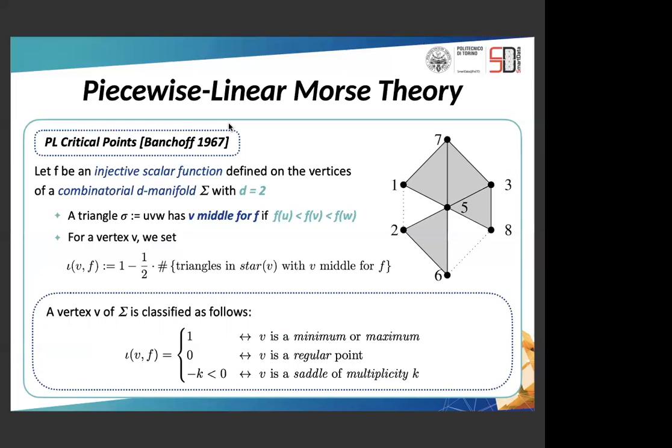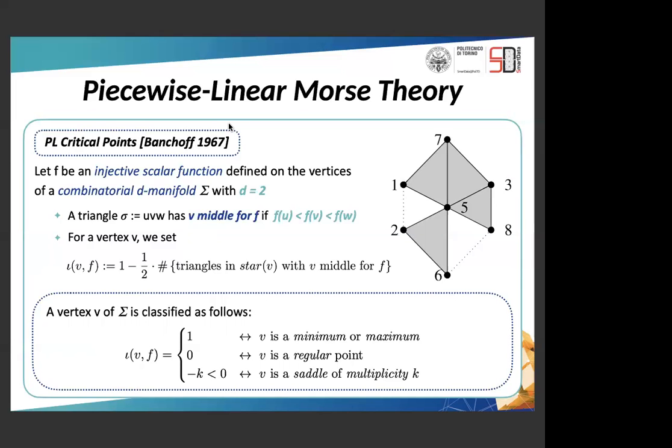Banchoff, in his work, characterized critical vertices of this manifold by counting the number of triangles having the middle value for the function f.